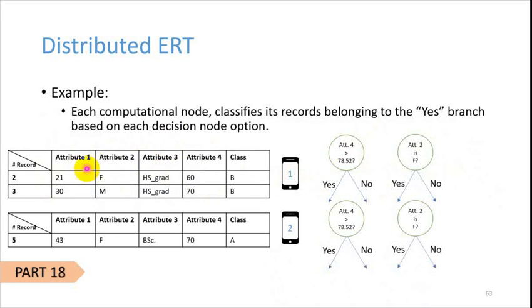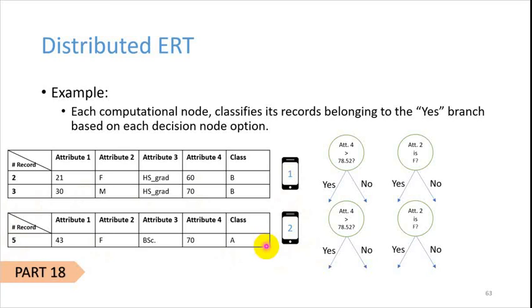As you can see, we do not use all the data anymore. We use the data that was classified in the no branch with the selected decision node for the root. So records number 2 and 3 on computational node 1 were on the no branch for the selected root decision node, and record number 5 was on the no branch on computational node 2.